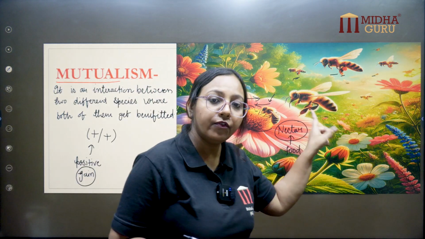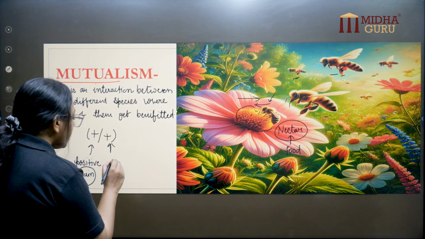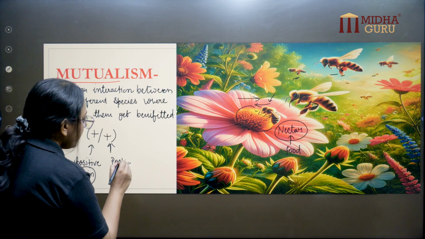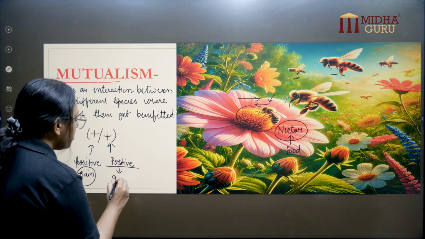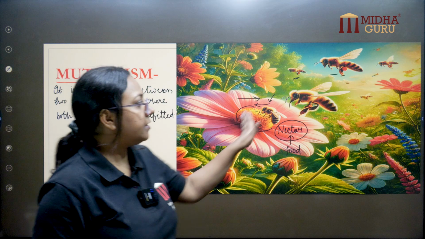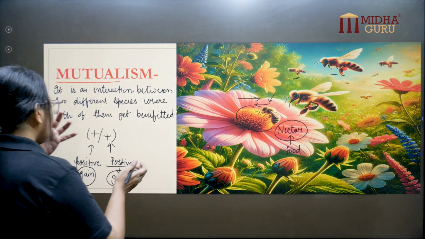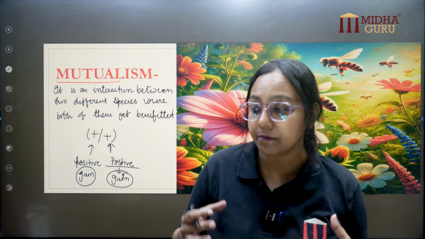They are getting their food. Now talking about the second organism, which is the flower here, it is also on the positive side, because it is also gaining something. What are they gaining? Their pollination is being done by these bees, right? So they both are getting benefited. So this is mutualism, in which both the organisms get benefited.